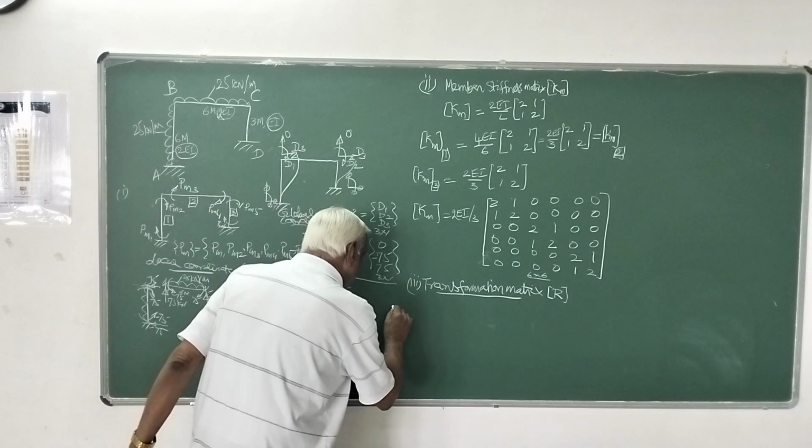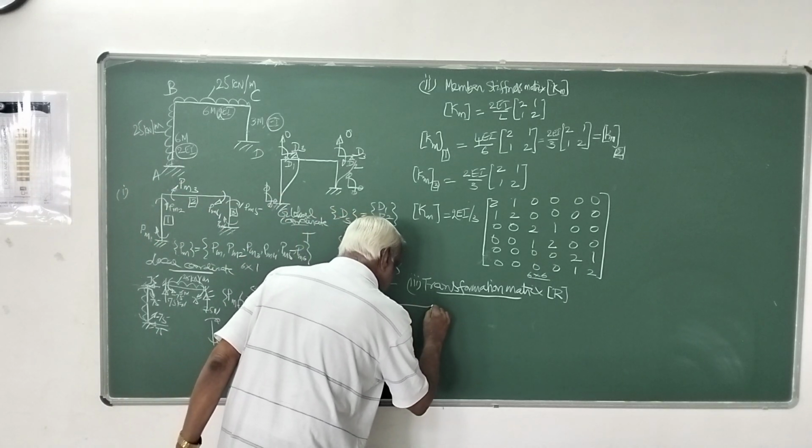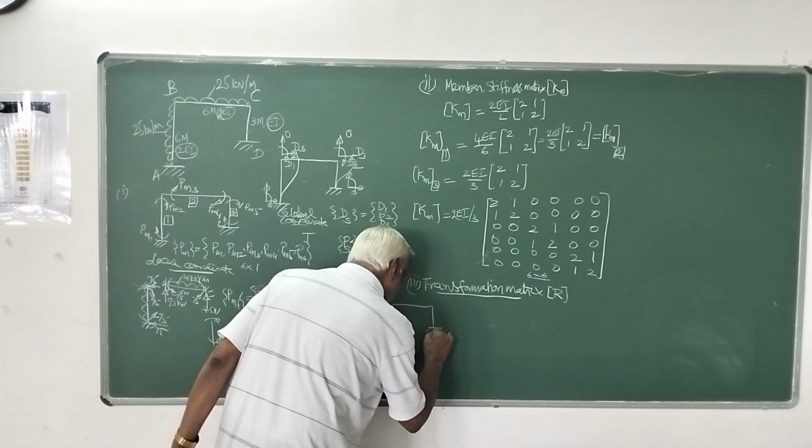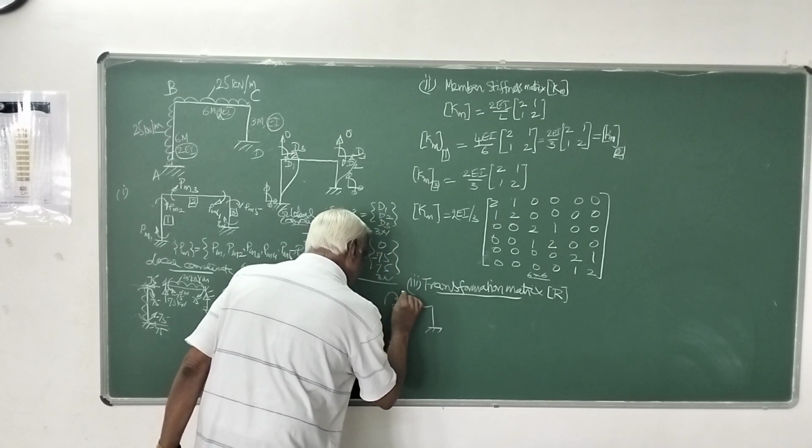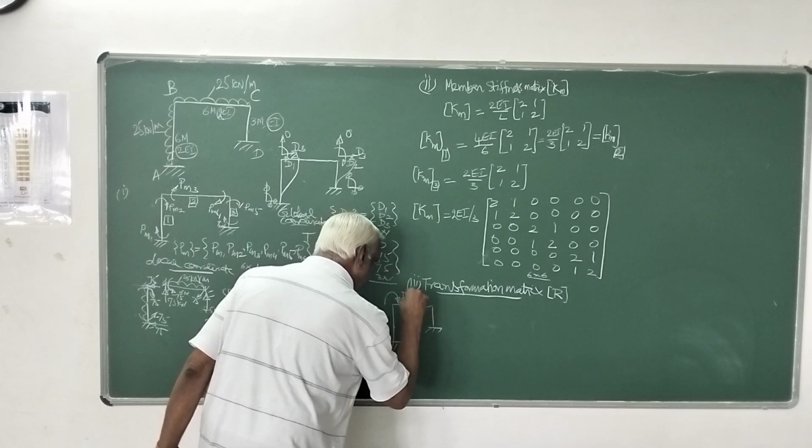That means there are 3 global coordinates, so you have to apply 3 unit displacements. First, d1 equals 1.